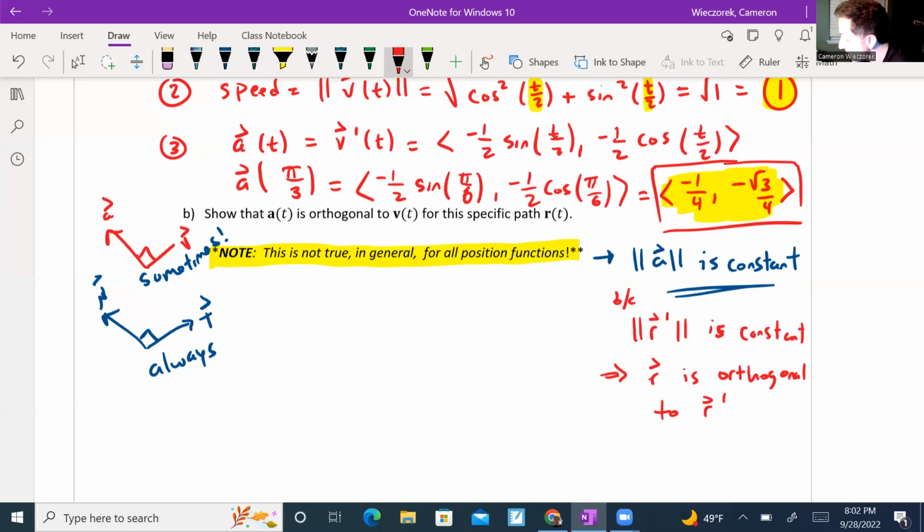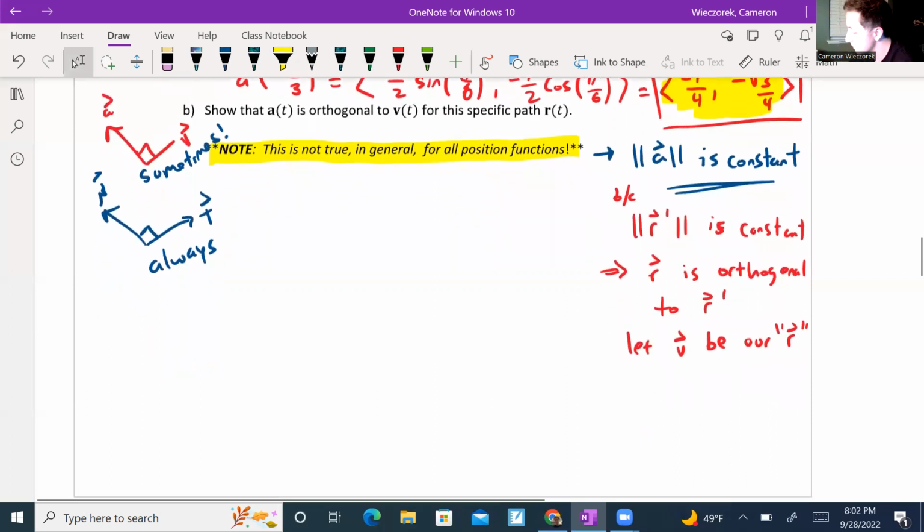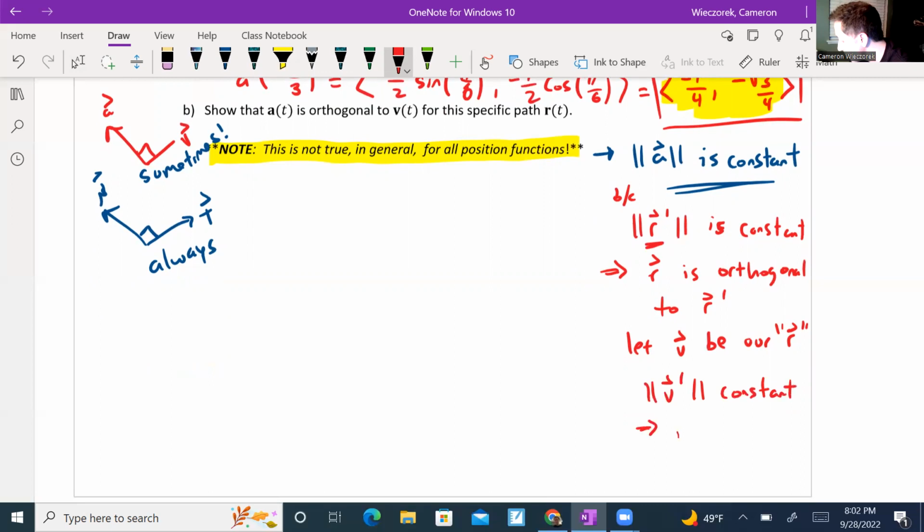So in our case, take r to be the velocity. I'm not trying to confuse you with position and velocity, but pretend you're using the specific case where we're interested in v. If the magnitude of v is constant, that implies that v prime is going to be orthogonal to v.